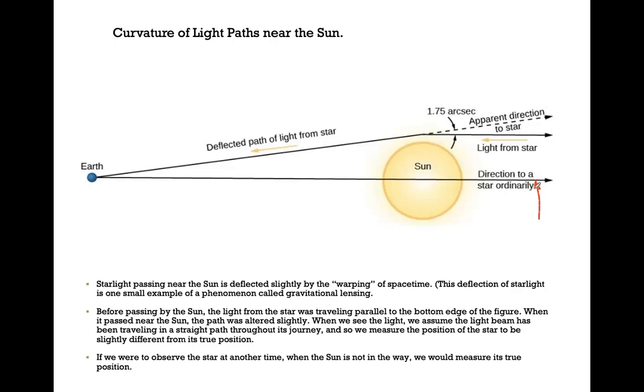And if you have a sun nearby, then what will happen? That will cause a curvature like this in the path of the light, right? And because of that, the apparent direction of the star and the actual direction will be different, right? That is because of the deflection of the starlight due to these huge masses that curve the space, right?